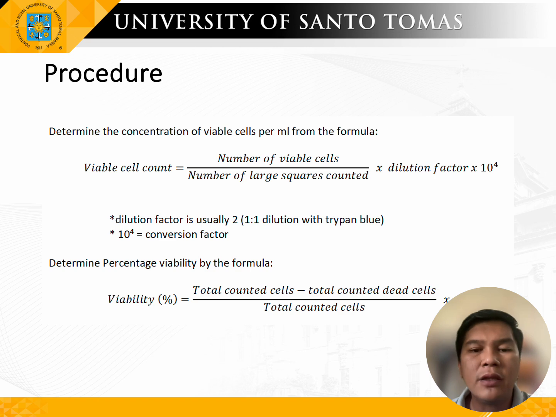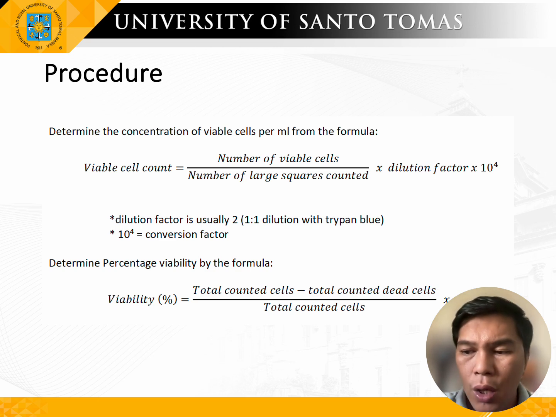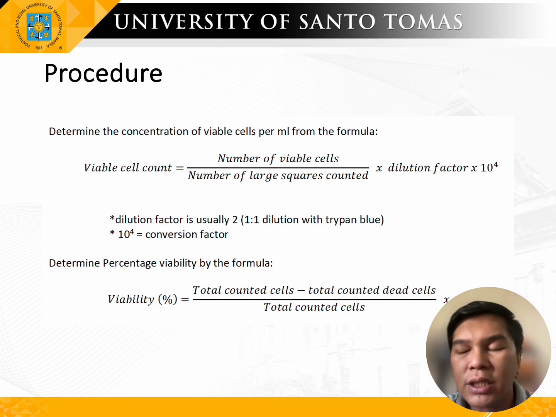And you determine the percentage viability by the formula, viability percent equals total counted cells minus the total counted dead cells over the total counted cells, which means that you are going to count separately the number of the cells that are not stained and the number of cells that are stained, because you will be able to identify specifically which is actually alive or living cells and which are considered the dead cells.